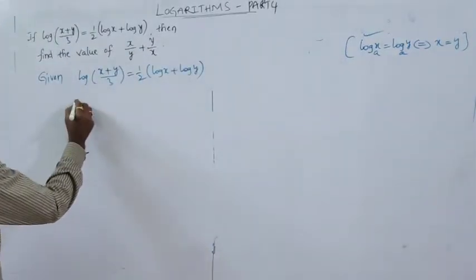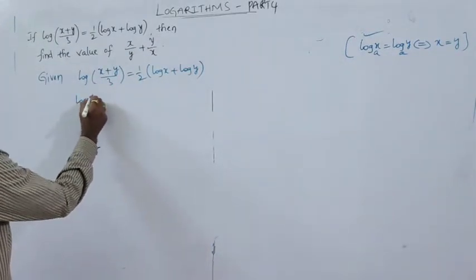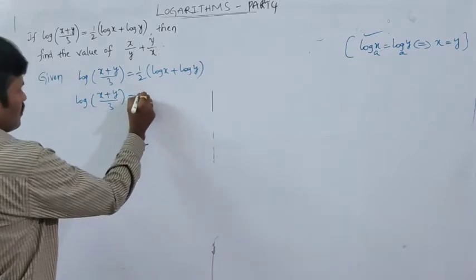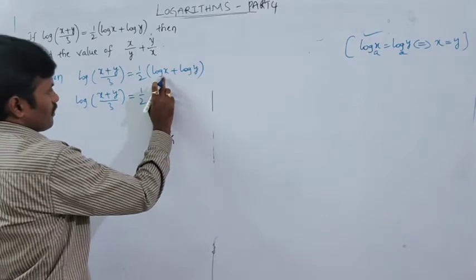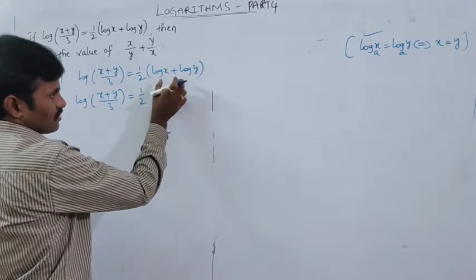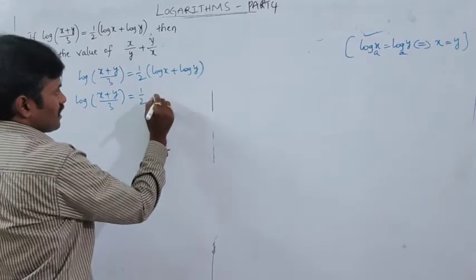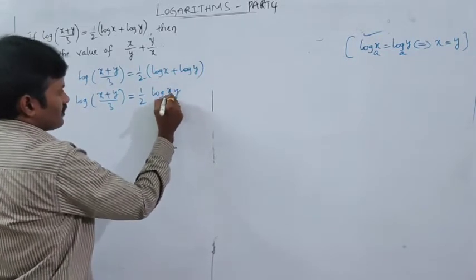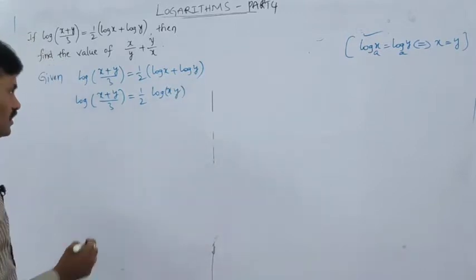Now, log of (x plus y) by 3 is equal to 1 by 2 into (log x plus log y). The sum of two logarithms with the same base, here 10 is the base, can be written using the product formula as log of xy.